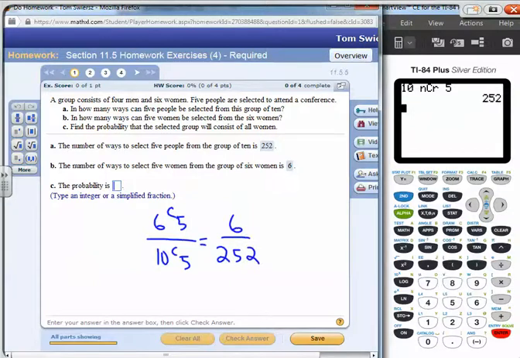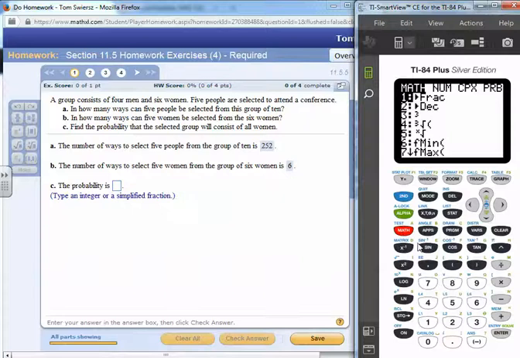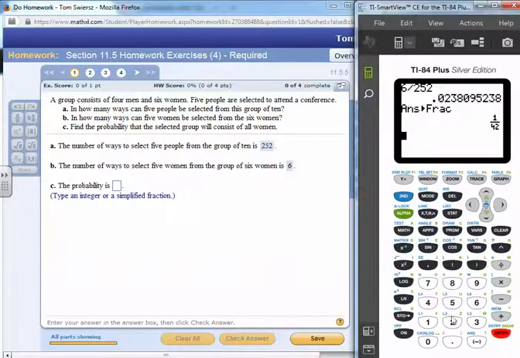And again, we can simplify this fraction easily using the calculator, right? So we can just go ahead and do 6 divided by 252, hit enter, and then go to math, and then fractions highlighted, so I hit enter once and then a second time.